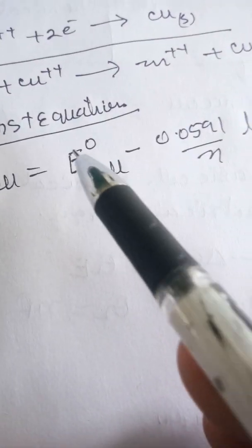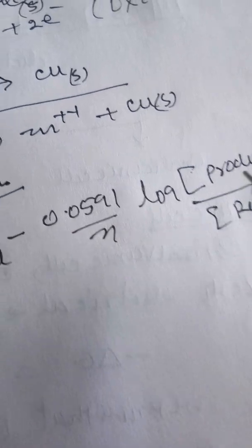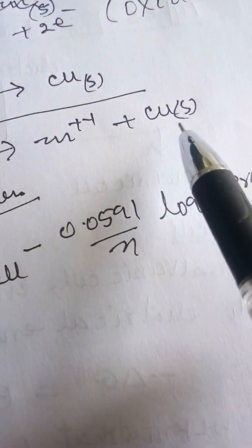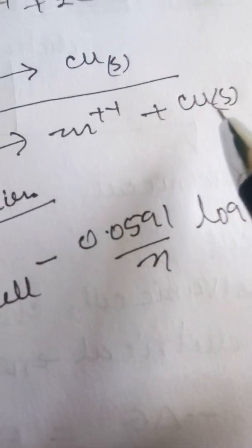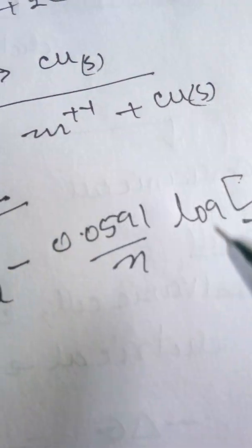If we know the values of these, we can put the value here. So what is the product? The product is the copper solid and the zinc ion.